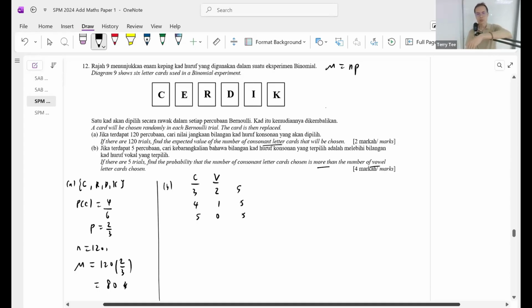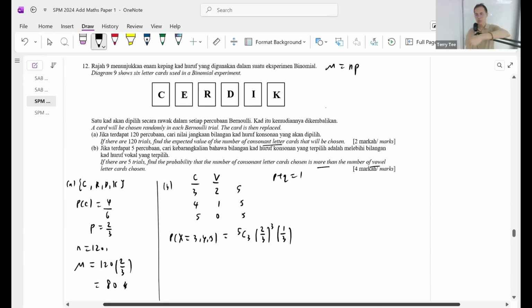So here we're going to use the binomial formula, P(X = 3, 4, 5). For 3, remember the formula is nCr. r is 3. Your p is the probability of getting a consonant, 2 over 3, power 3. Your q will be not getting a consonant, 1 over 3. Remember, p plus q is always 1.